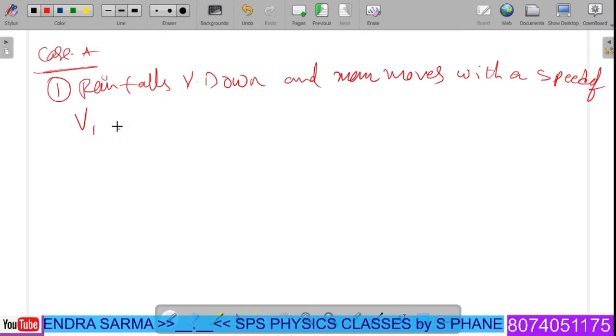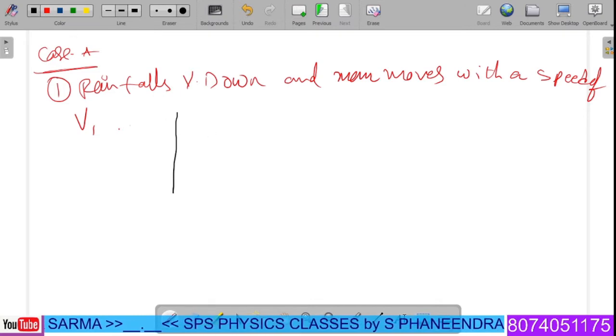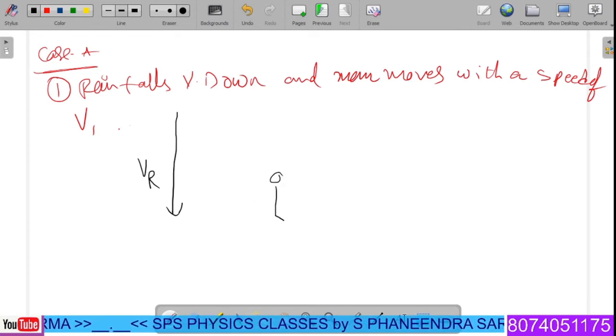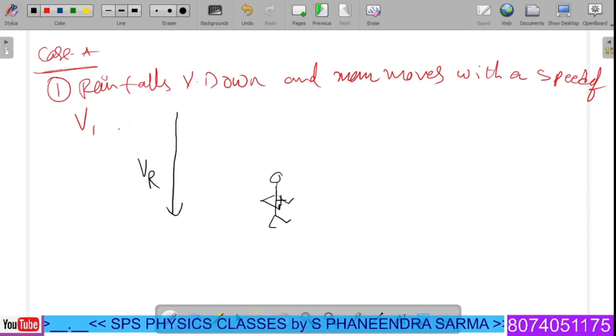So the man is moving with the speed of V1. Then what are the considerations? Let us see. In this case, this is the direction of rain VR, and the man is moving in this direction. The question is, in what direction does this particular person need to hold the umbrella?